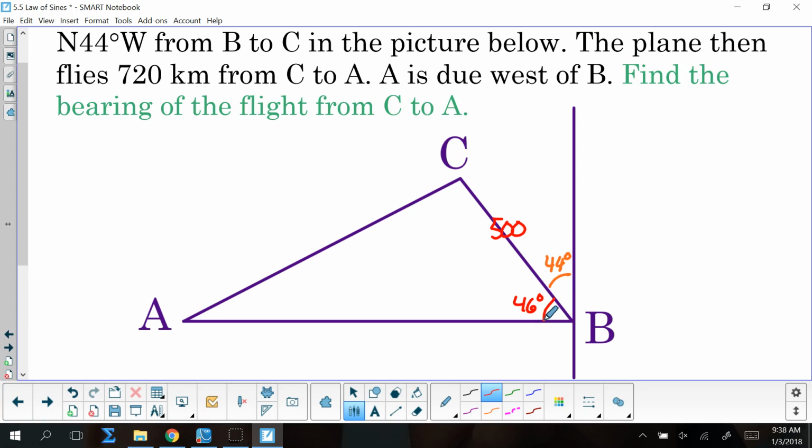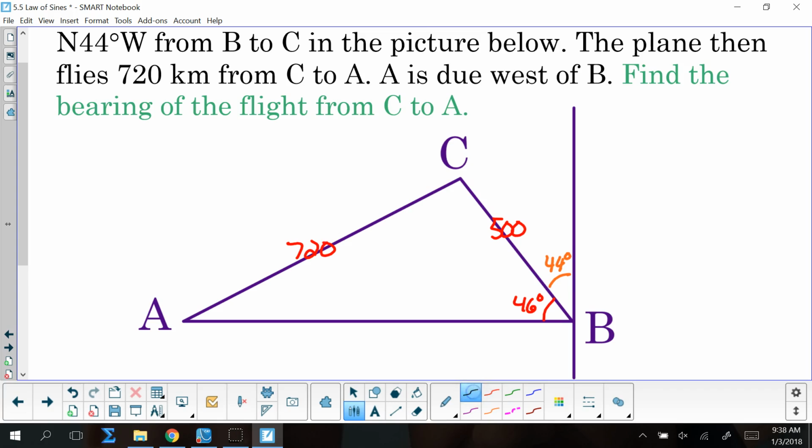If A is not due west of B, I can't say that. But because it said that A is due west of B in the last sentence, I can say that. So the plane takes off from B, flies to C. Then it makes a turn, and it flies to A. And that flight is 720 kilometers long. It is asking for the bearing of the flight from C to A.